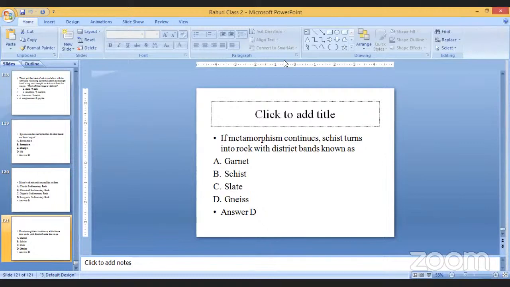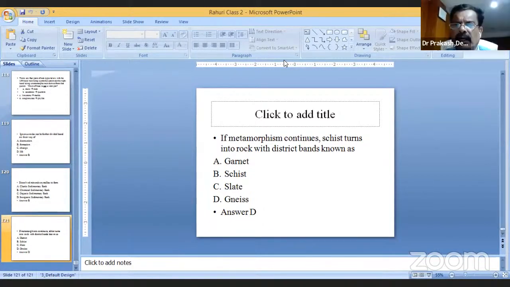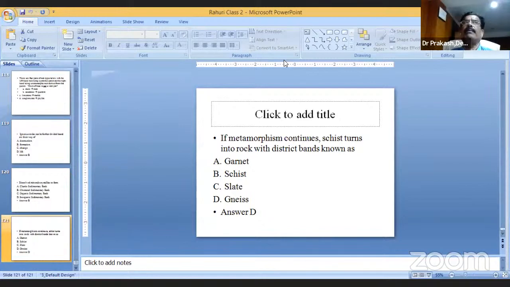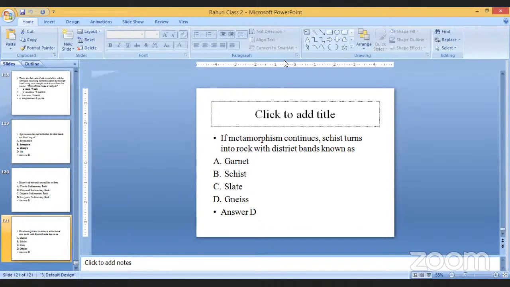Sir, I've studied somewhere that gneiss transforms into schist by a process named thermal metamorphism. Can you explain something about this process? No, thermal metamorphism means it is because of heat.